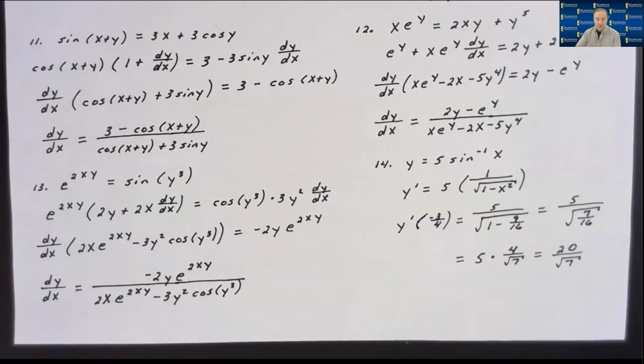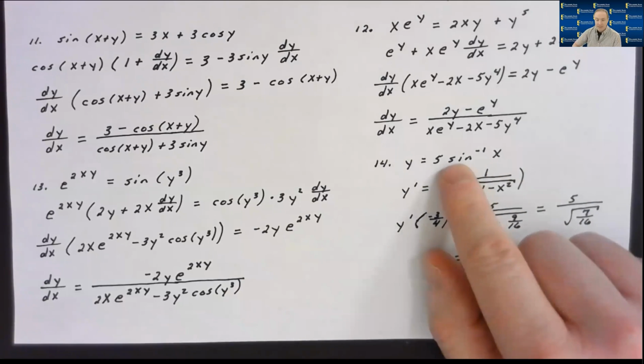If it's the inverse cosecant, it's just the negative of the inverse secant's derivative. If it's the inverse cotangent, it's just negative 1 over 1 plus x squared, the negative of the inverse tangent's derivative. So you really only have to memorize three: the inverse sine, the inverse tangent, and the inverse secant. And then remember, anything with a co, it's just the negative of the other version.